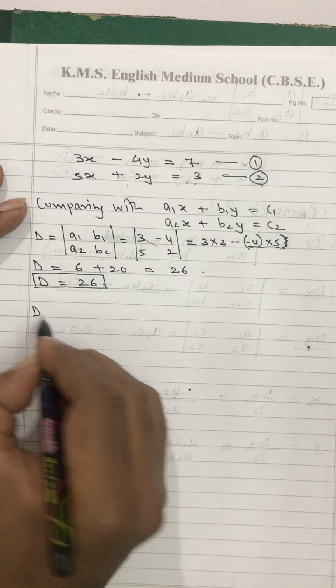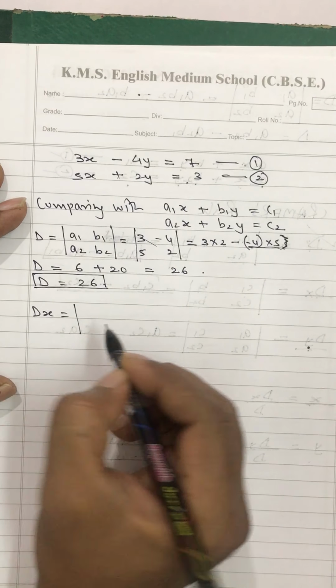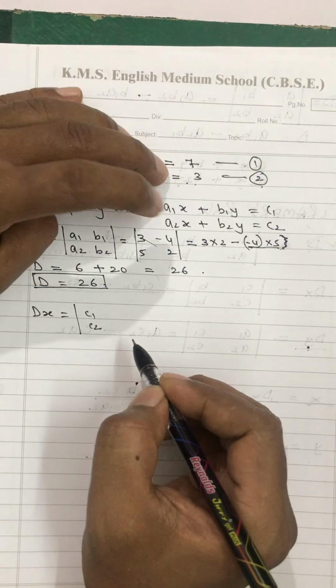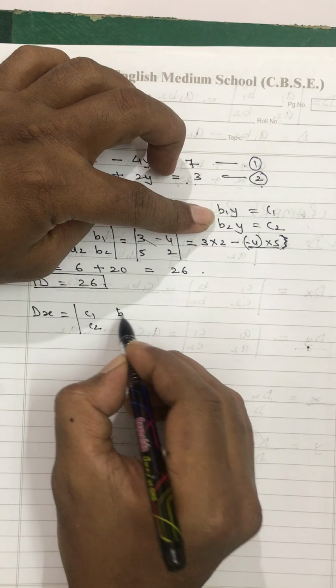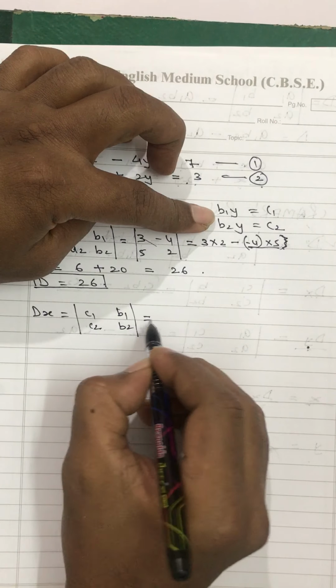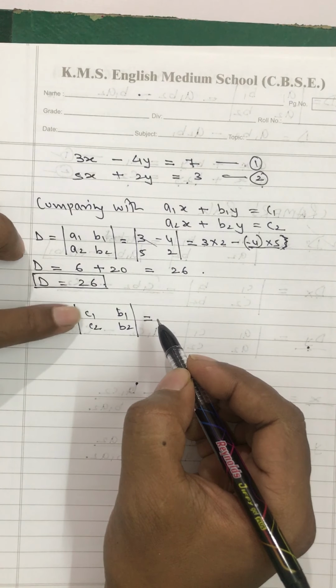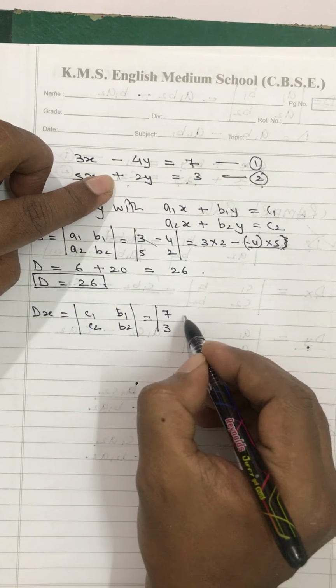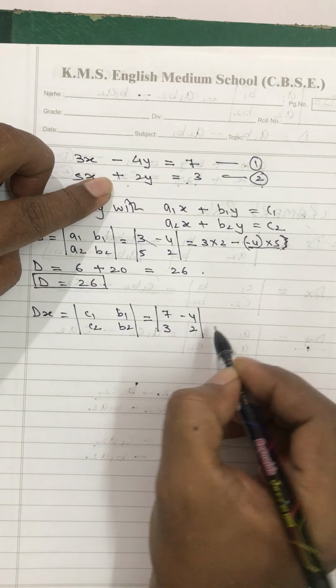Fine. And now you go for finding dx. Now you know your c1 c2 will be written first, y will be written later. So c1 c2 is what? 7 3. Y is minus 4 2.